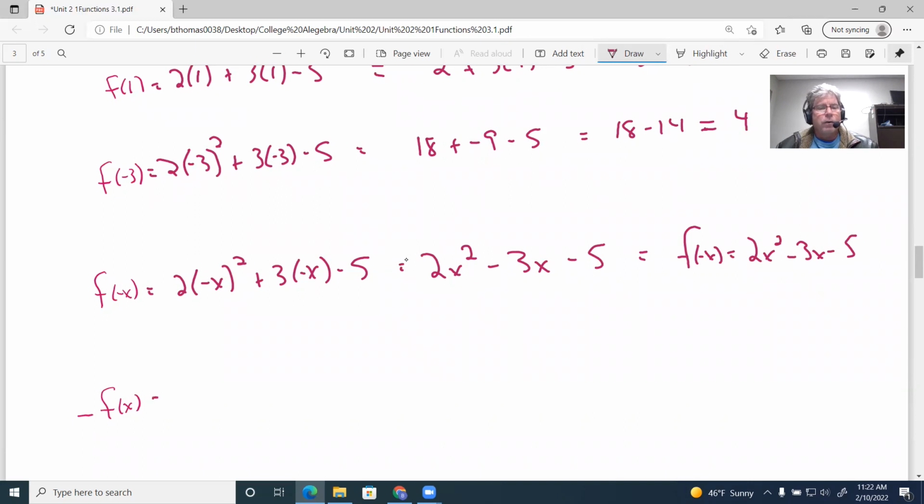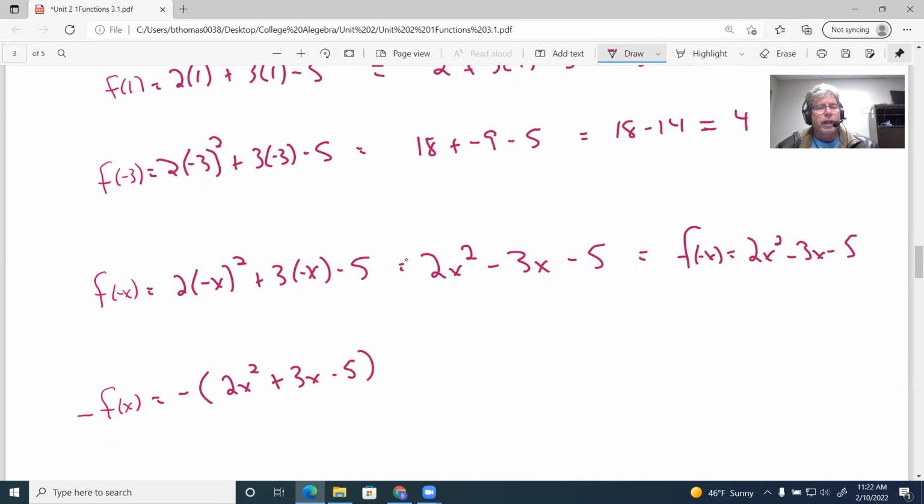Now notice how this time we have a negative on the outside. So this means to take the opposite of f of x. So remember, we have the opposite of, and then f of x is just simply 2x squared plus 3 times x minus 5.